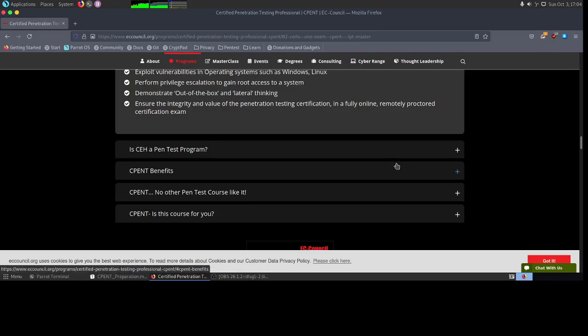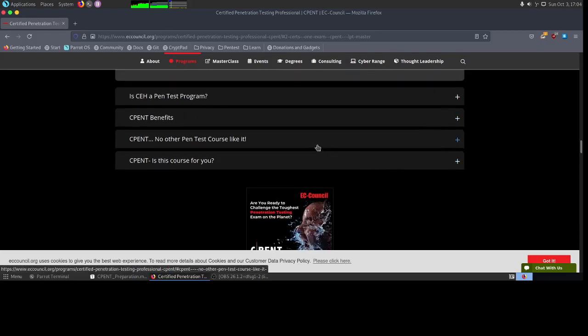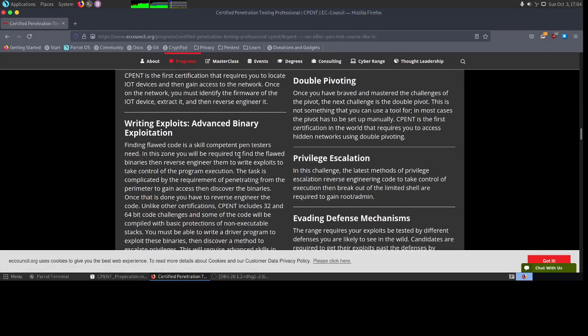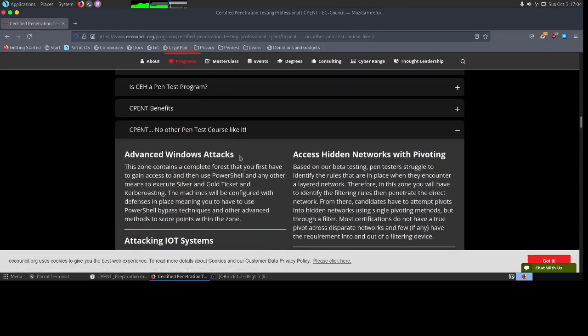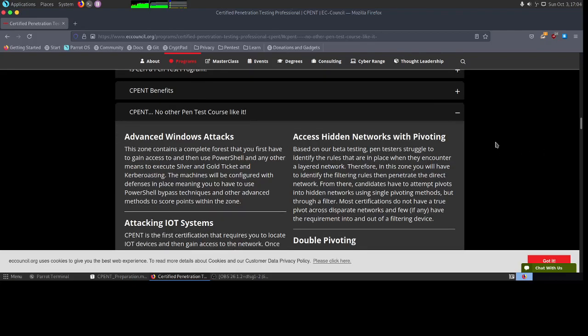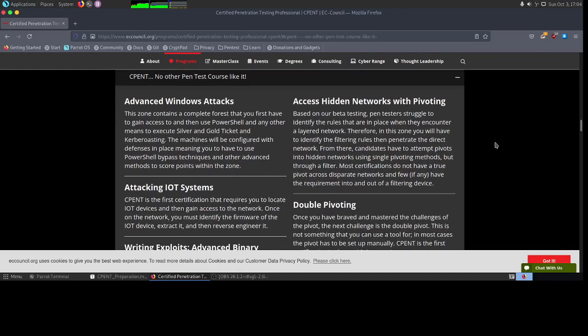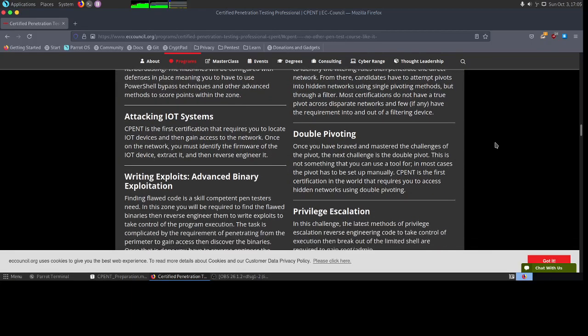Now along with this, I would also like to talk about this, where they are saying that it is unlike any other pen testing course, and I would completely agree with this. So there are hidden networks with pivoting, attacking IoT systems, double pivoting.